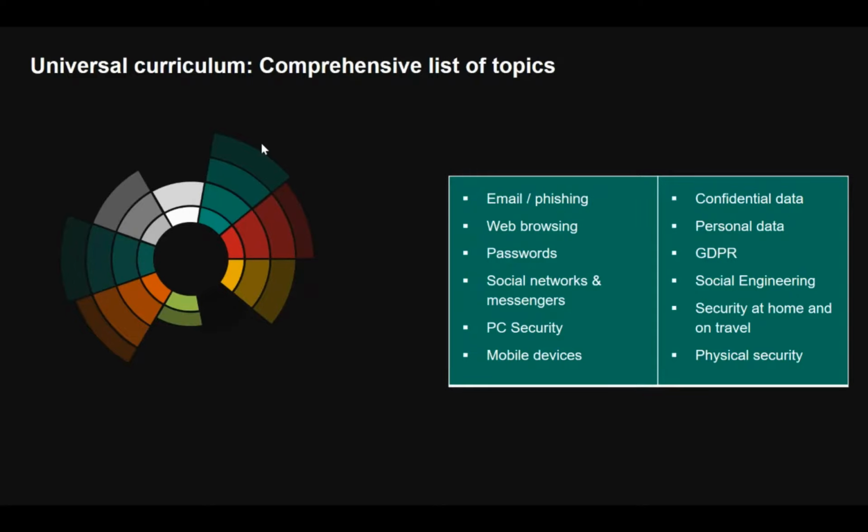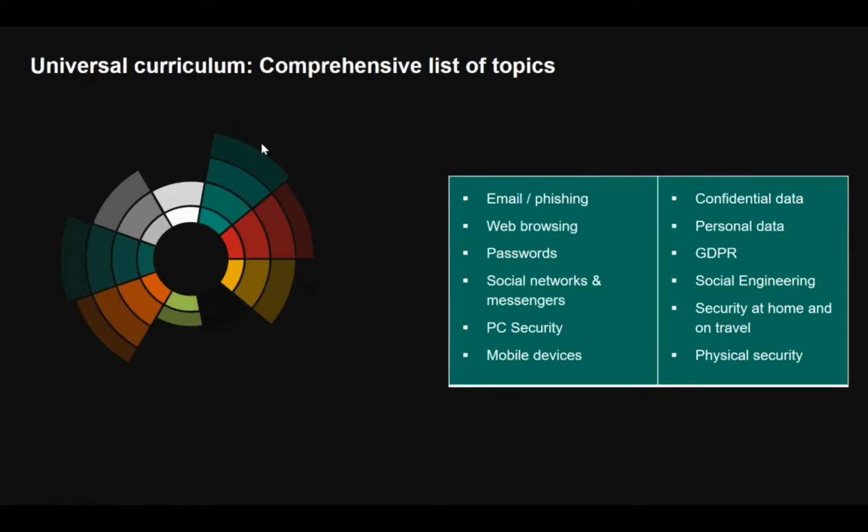This training program covers the following topics, and every now and then we are developing the content of these topics and adding more topics to the existing ones. So we are talking about email and phishing emails, which is one dedicated topic. Web browsing, how to differentiate between malicious and safe or phishing URLs.